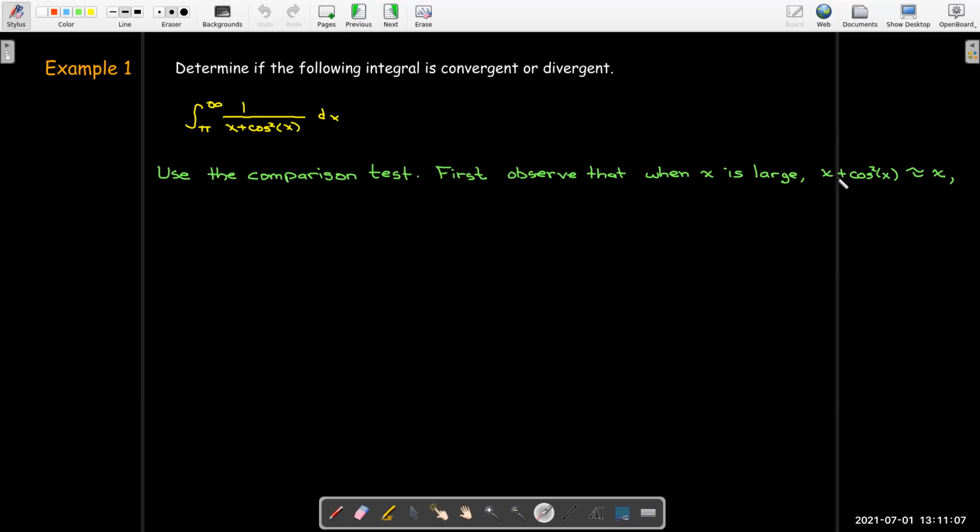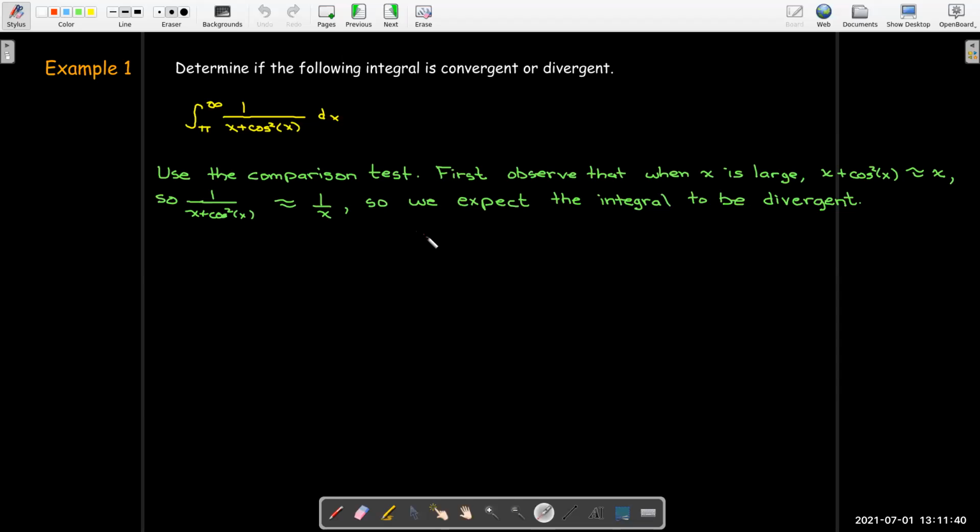So when x is large, adding 1 to 3 trillion doesn't really make a big difference in x. And so the integrand really looks like 1 over x, and we know from the p-test that if I have an integrand of 1 over x and an infinite integral, then that integral will be divergent. So I expect this integral to be divergent.